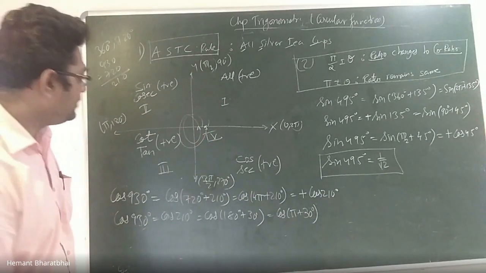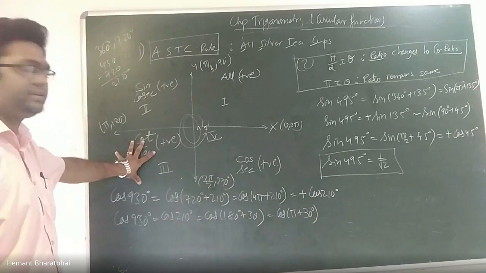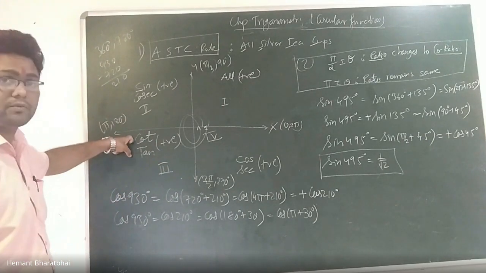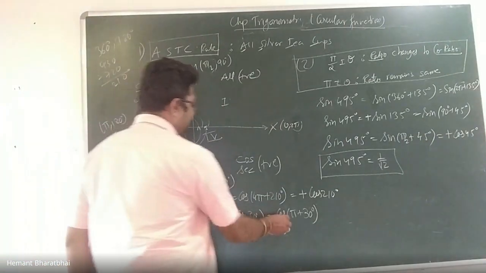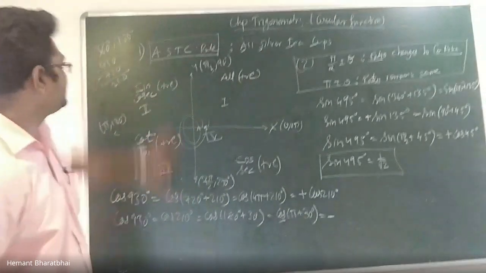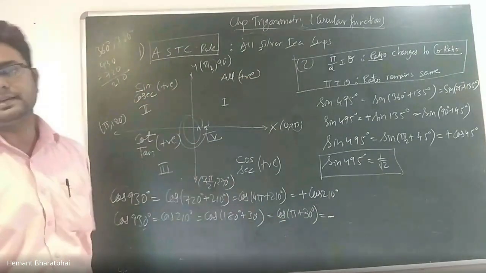So when I do pi plus 30 degree or 180 plus 30 degree, I am going to reach in which quadrant? Third quadrant. In third quadrant, who is positive? Cot and tan. Who is this? This is cos. So this will give me negative. So as per the ASTC rule, the sign is negative. Then I apply second rule.